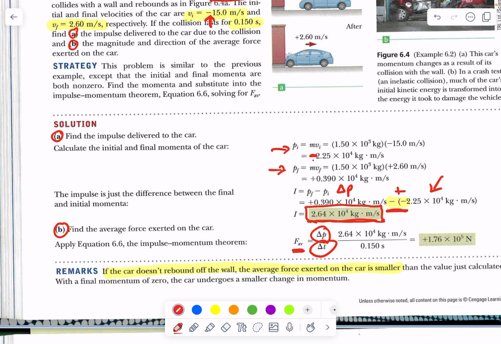The car, not so much. We want to design the car, by the way, with collapsible fenders and bumpers and trunk, the front of the car, the hood, so that by maximizing delta T, we minimize the force that even the car experiences, which is a benefit to the occupants as well.